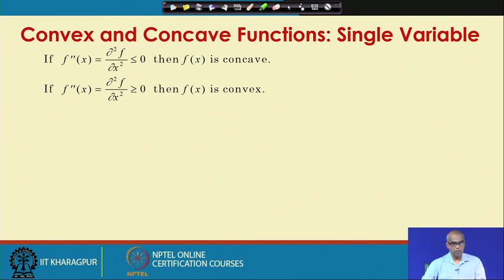Similarly, if the second derivative is greater or equal to 0, the function is convex. If the second derivative is strictly less than 0, the function is strictly concave. If the second derivative is strictly greater than 0, the function is strictly convex.